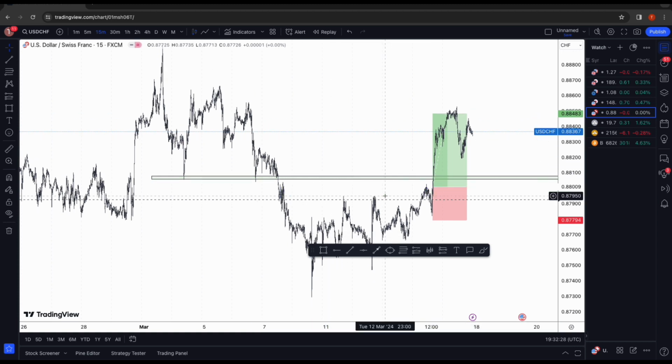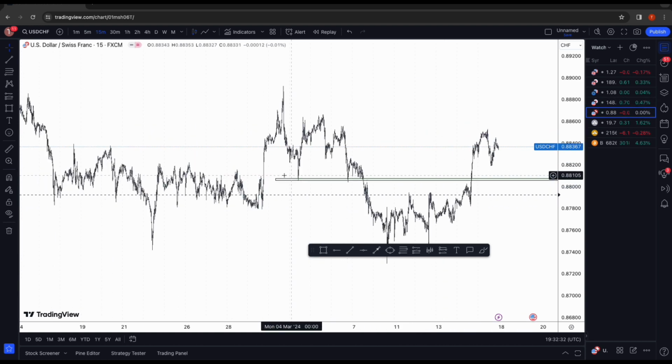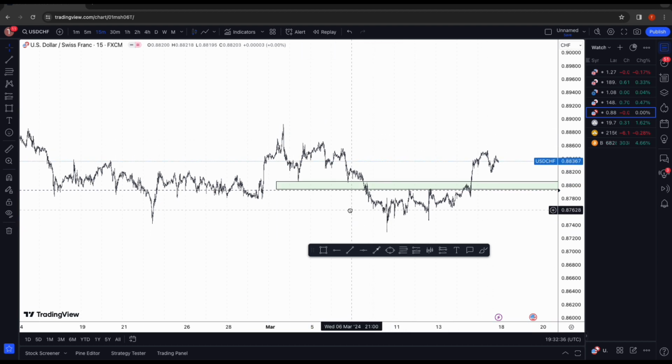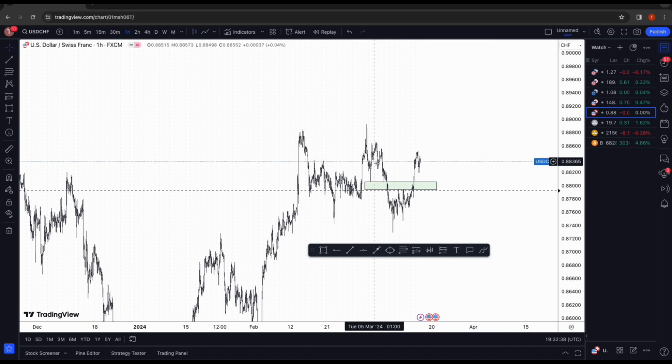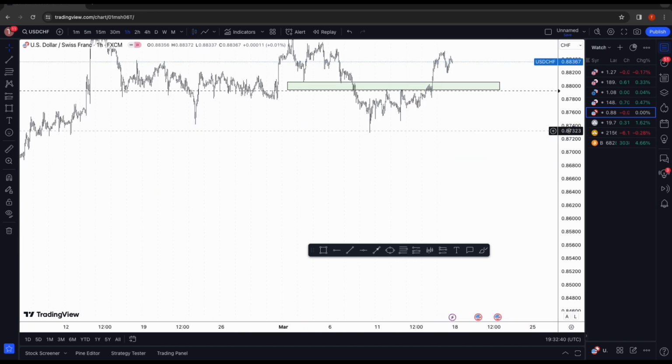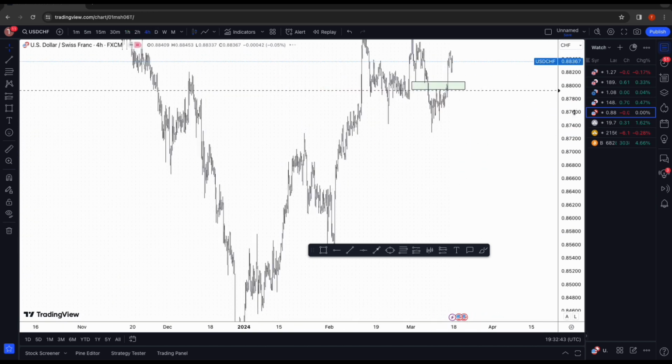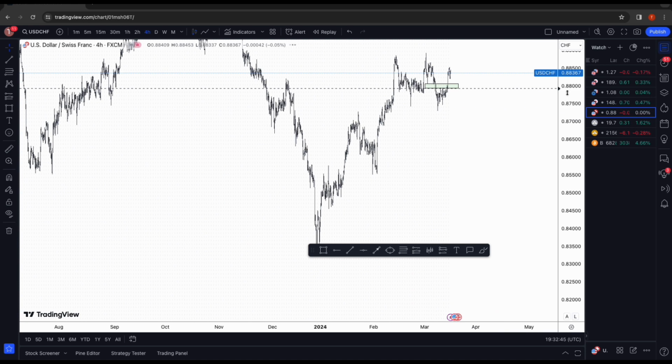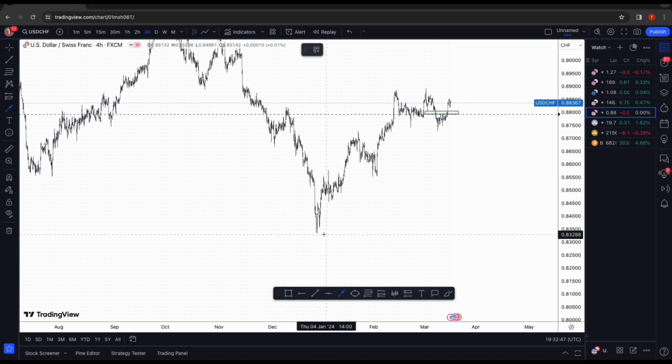Let's take this off. What will the market do next week? Make the zone bigger? So again, market looks pretty bullish in my opinion.